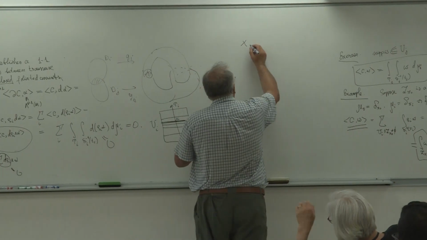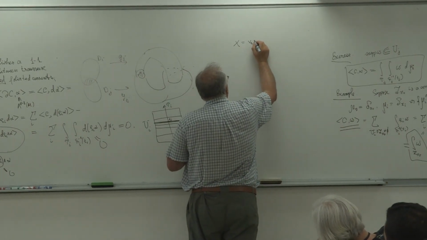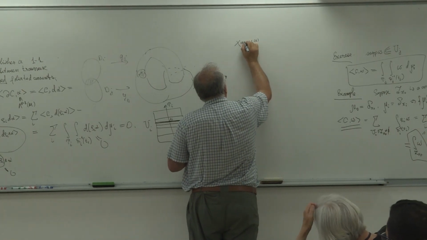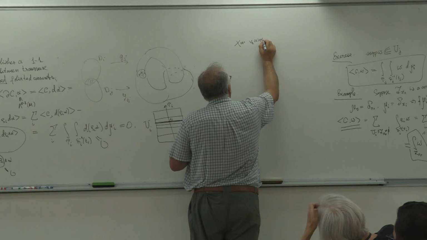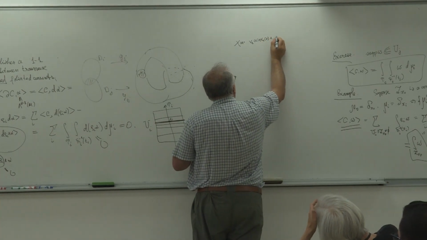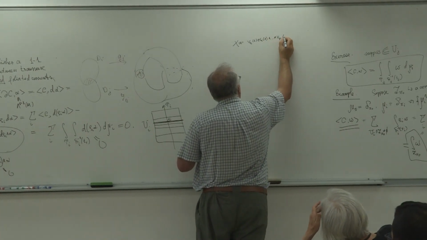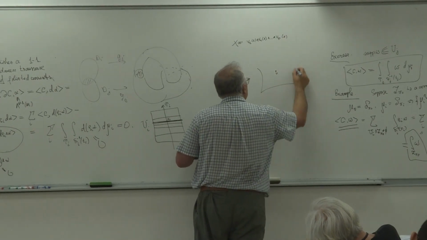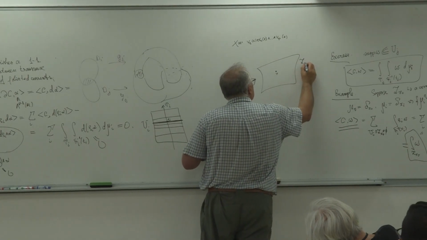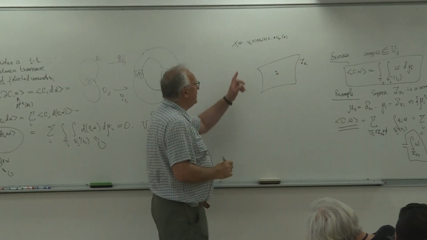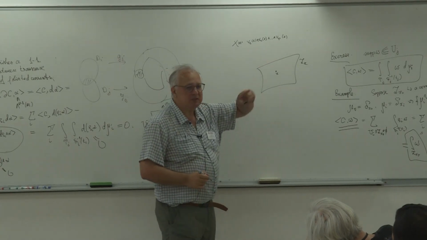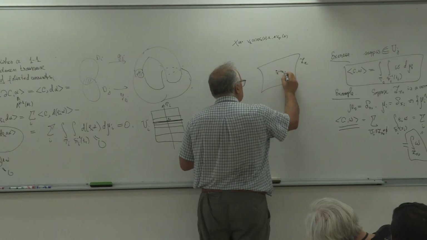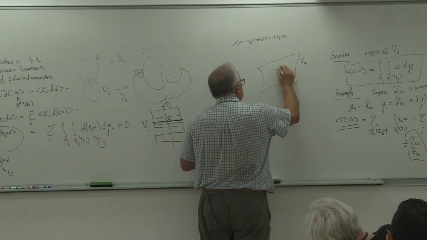Locally it is V1 of x wedge V2 of x wedge Vp of x, where you have a leaf which passes through point x, and V1, V2, Vp is a positively oriented basis.